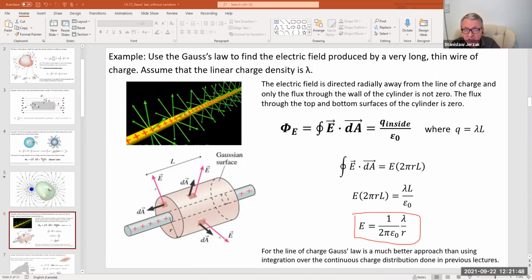Due to the symmetry of the charge distribution, the electric field must be radially away from that line of charge. If you accept that fact, then let us use Gauss law to calculate the electric field. We are going to surround that line of charge by a cylindrical surface. This is visualized here: this is the infinitely long line of charge, and we will surround it by a cylindrical surface.